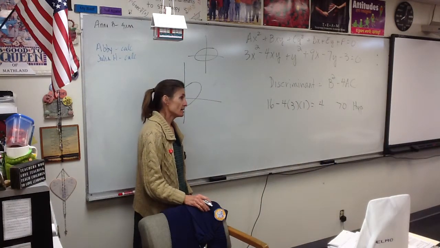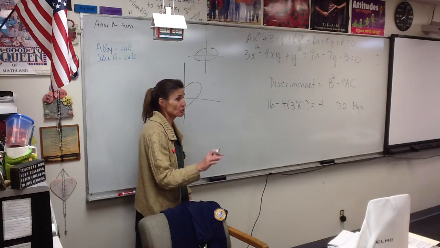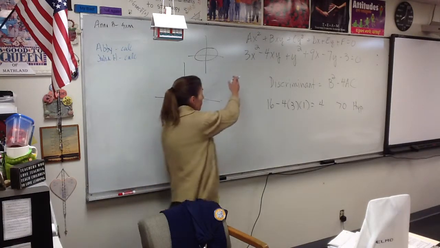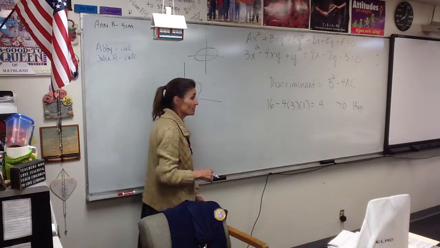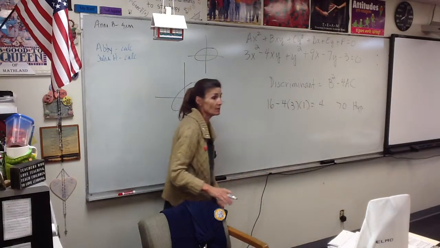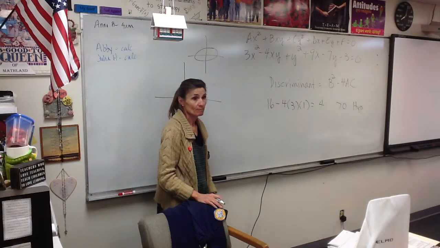So on your test, there will be a section, which will probably be next Tuesday, where it just says, here's an equation, tell me what it is. You'll do the discriminant, b squared minus 4ac. If it comes out positive, we have a hyperbola.